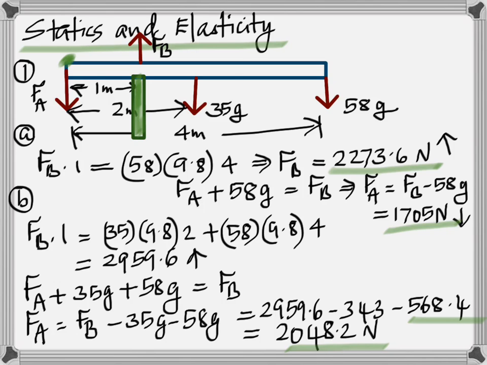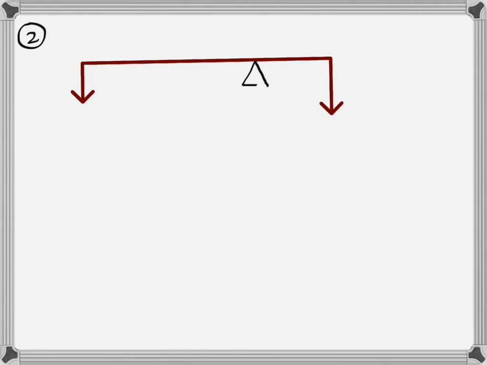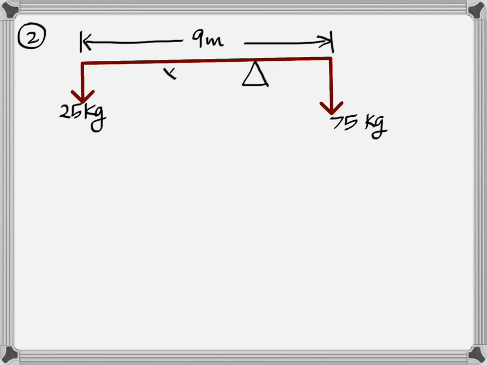Well, that is where the pivot is. Once again, in 2, the total length is given, 75 kilograms at one end, 25 at the other. We have to find where the pivot is.